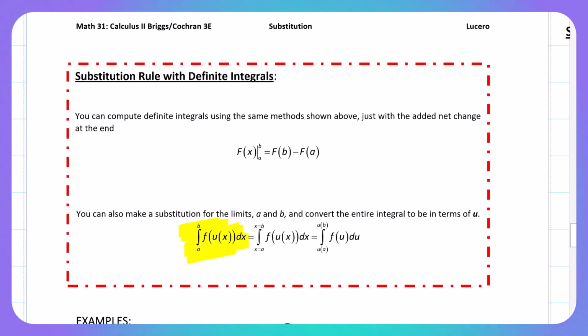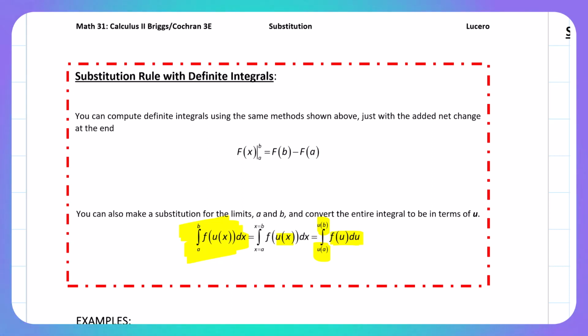If we happen to have a definite integral, when we make the substitution for u of x, and then make the substitution for du, we can also make the substitutions on the bounds. And sometimes that can be helpful, that can shortcut our work, or, I don't know if it shortcuts our work, it's just a different way to do our work.